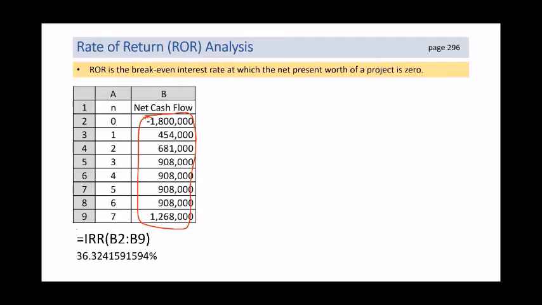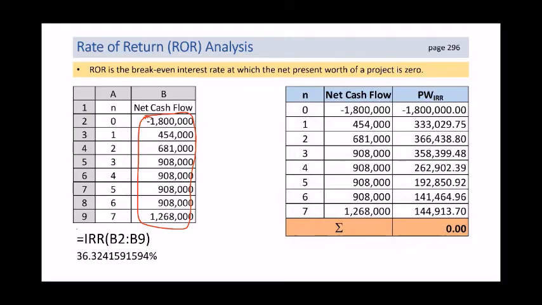The longer, the more accurate, because it will make the PW 0. So if you use the IRR as the interest rate, your PW is equal to 0. That is the meaning of the ROR. It is the break-even interest that will make the PW go from positive to negative or from negative to positive, and the net present worth at that point is equal to 0.